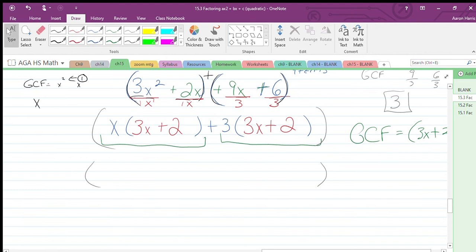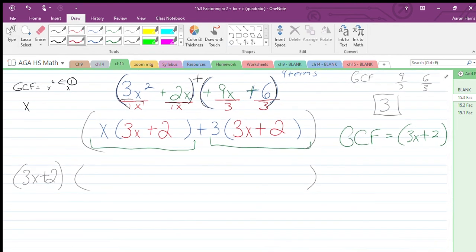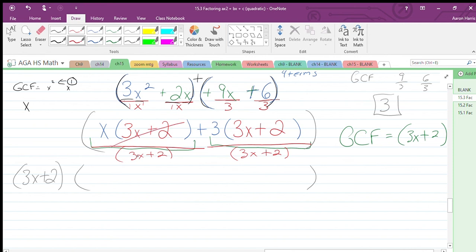Makes my life easier. So put my GCF out front, 3x plus 2. That's my GCF. And now I do what with my GCF? That's correct. Always divide by your GCF. Okay? So when you're factoring, it's division. Factoring is division.